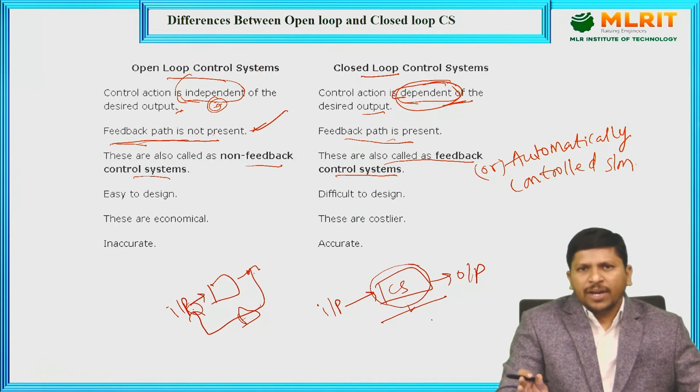Which means the feedback is available in a closed loop control system, while in an open loop control system there is no feedback present.